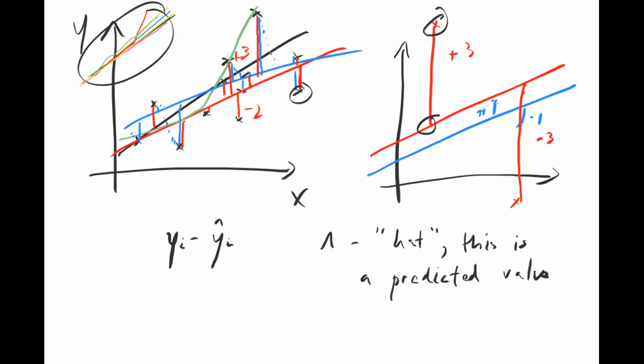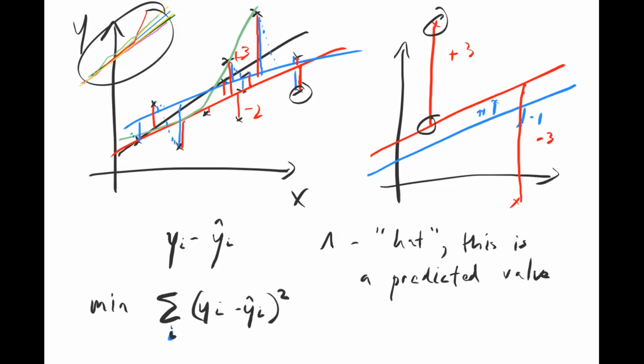And if you've ever heard of OLS, or ordinary least squares regression, which is the typical linear regression that you learn, what that is doing is minimizing the sum for all i of (yi minus y hat i) squared.